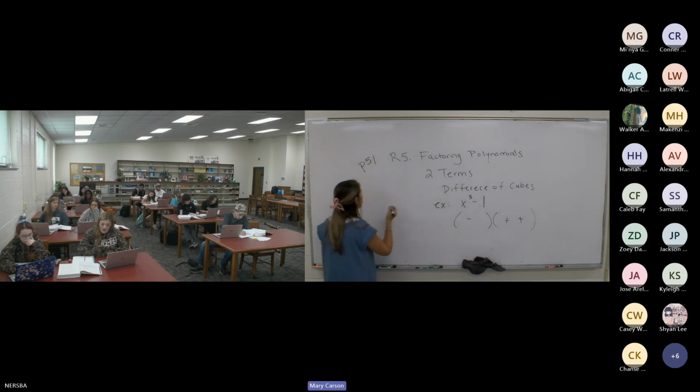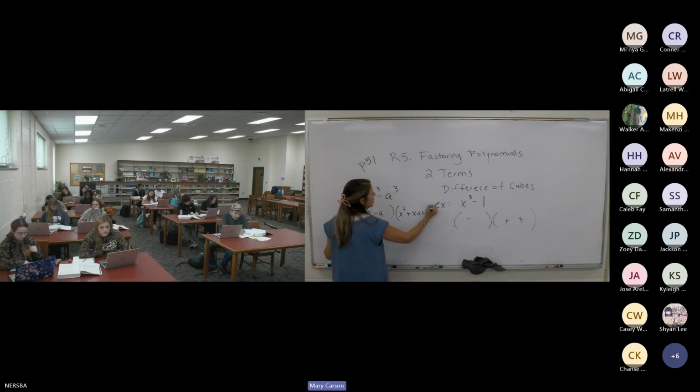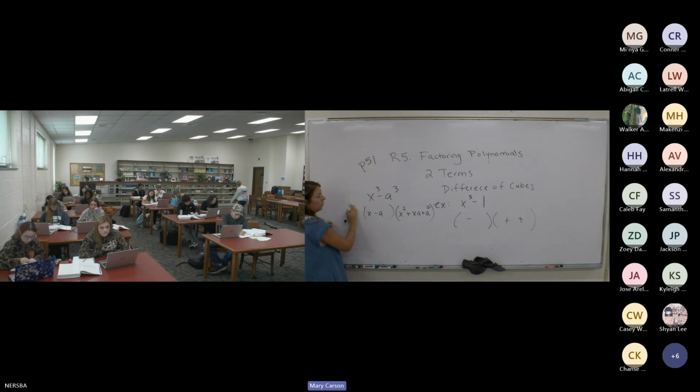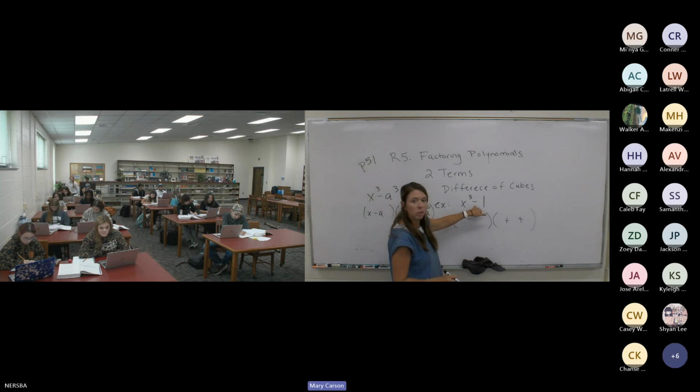If you guys remember when we did it the other day, it was x cubed minus a cubed, and then it was x minus a, and then it was x squared plus xa plus a squared. This is the form. This is the math form, okay? And I told you guys, you're just going to have to kind of memorize the symbols anyway. So when you have a difference of cubes, it's always going to be a minus first and then a plus plus. When it's a sum of cubes, it's going to be a plus and then a minus plus.